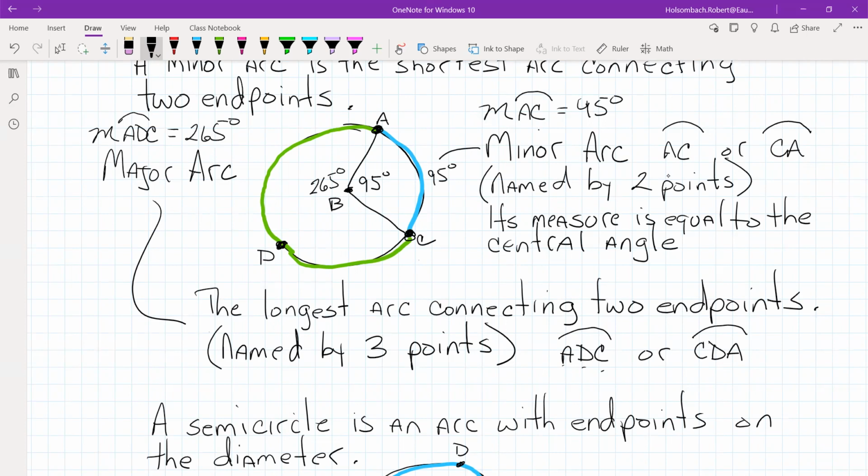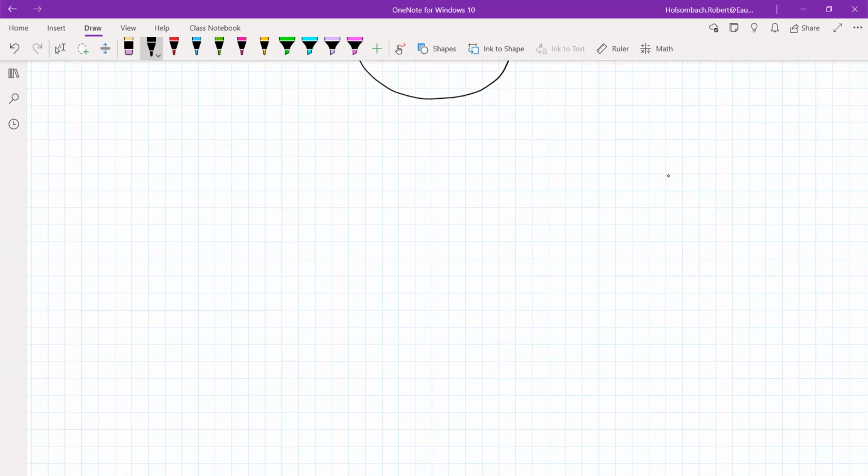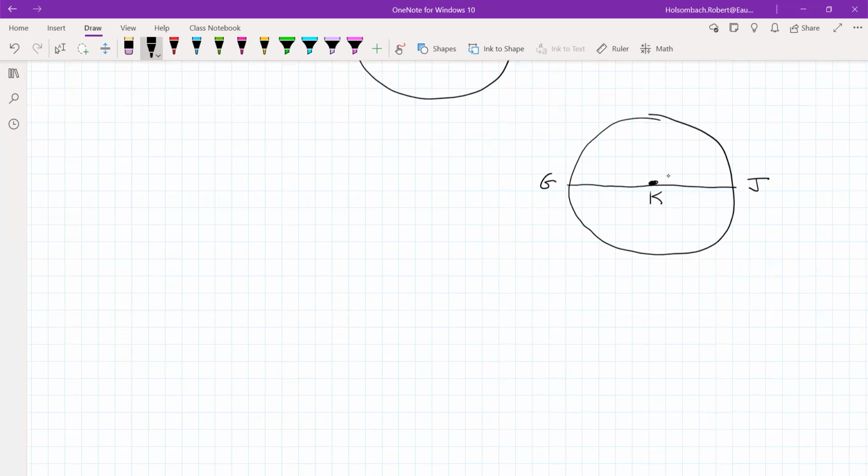All right, so let's look at example 2 on page 707. And we've got this circle, circle K, with points G and J. We've got KH.